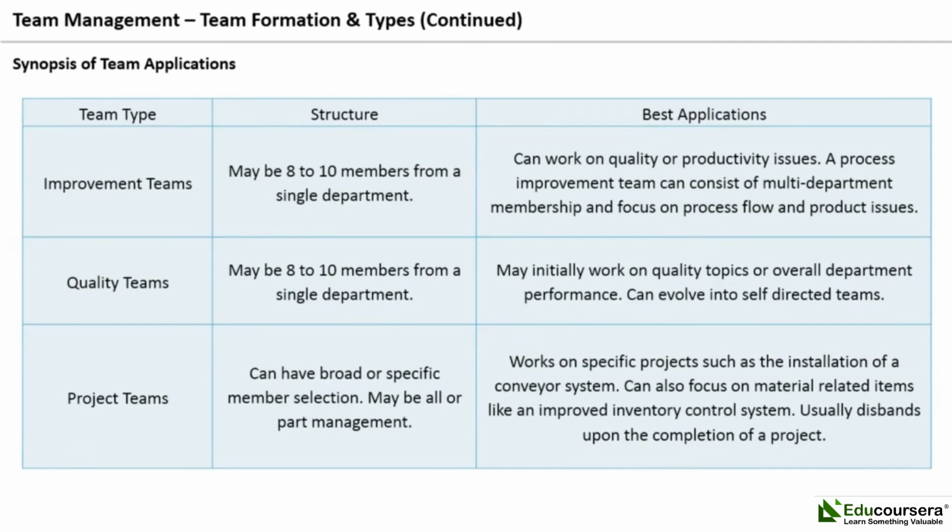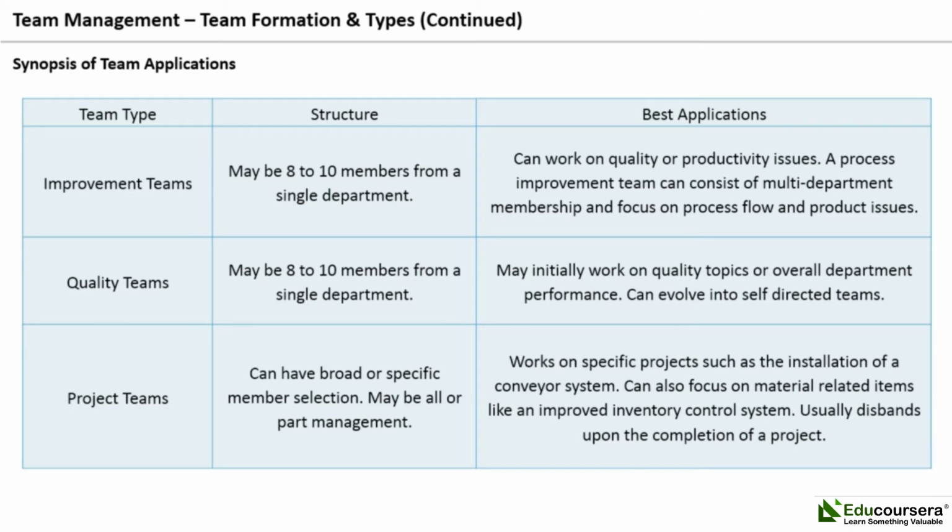Synopsis of team applications. Improvement teams. The structure may be 8 to 10 members from a single department, and best applications include can work on quality or productivity issues. A process improvement team can consist of multi-department membership and focus on process flow and product issues.